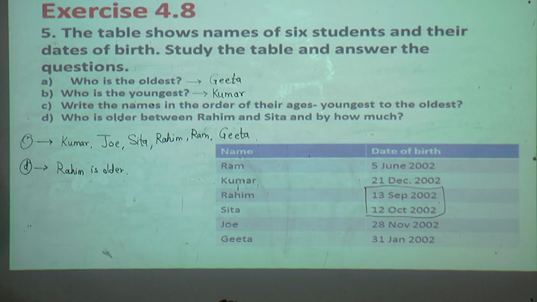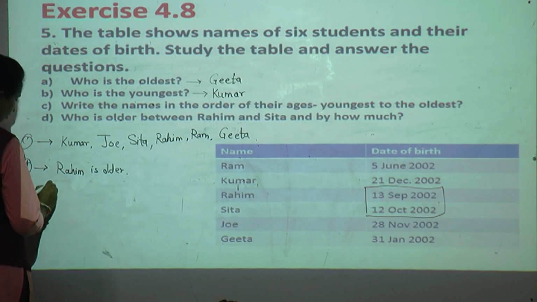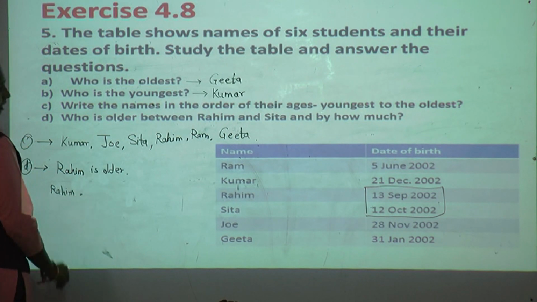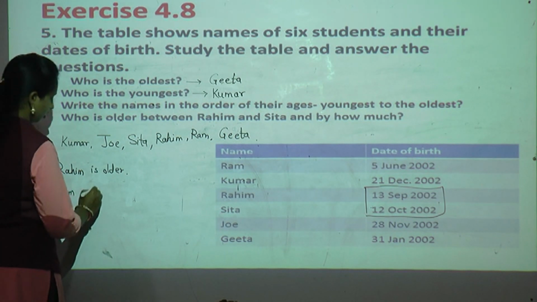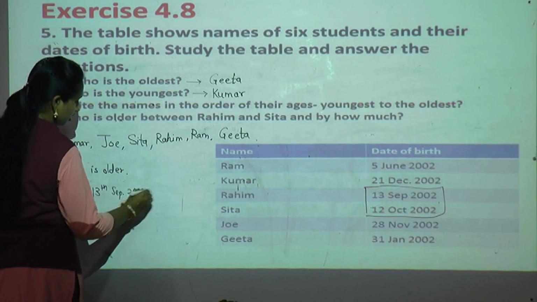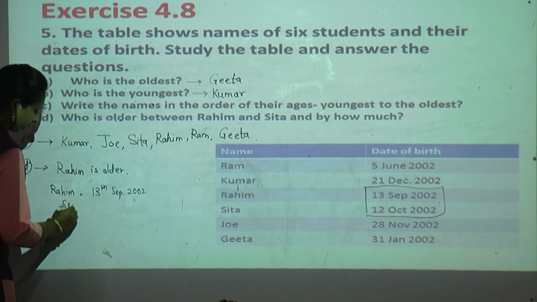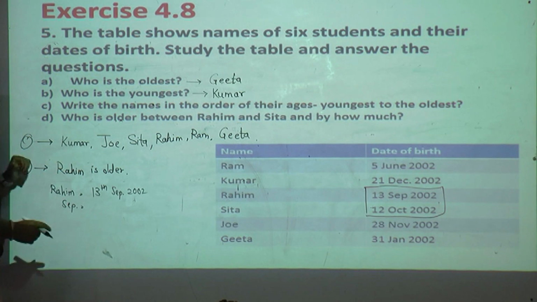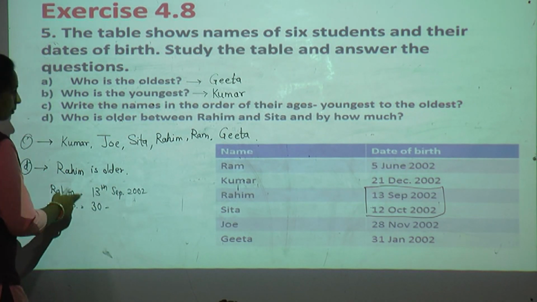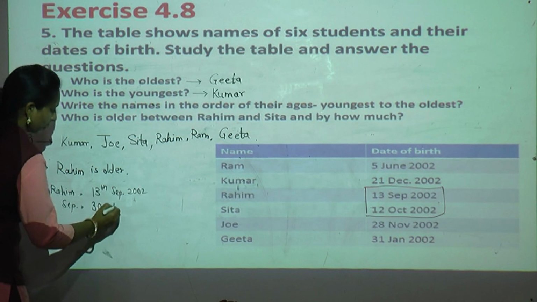By how much? They asked by how much. Now see, Rahim was born on 13th September 2002, isn't it? In September month, how many days are there? January, February, March, April, May, June, July, August, September. It goes inside, means 30. 30 minus how many days will you do? 12.